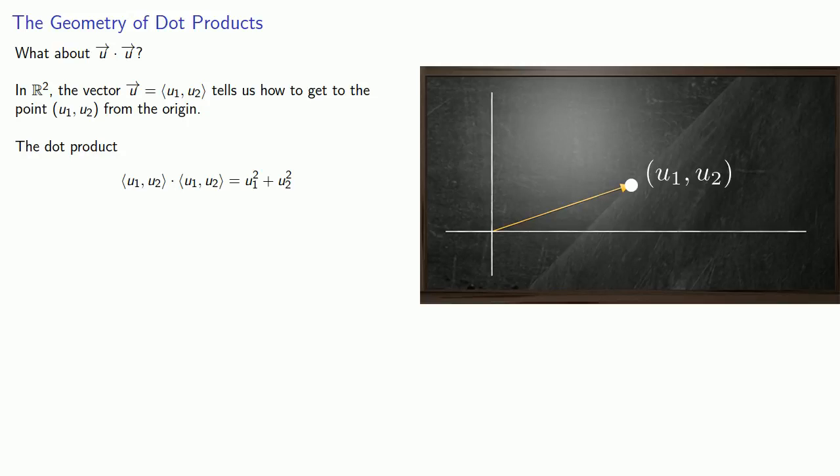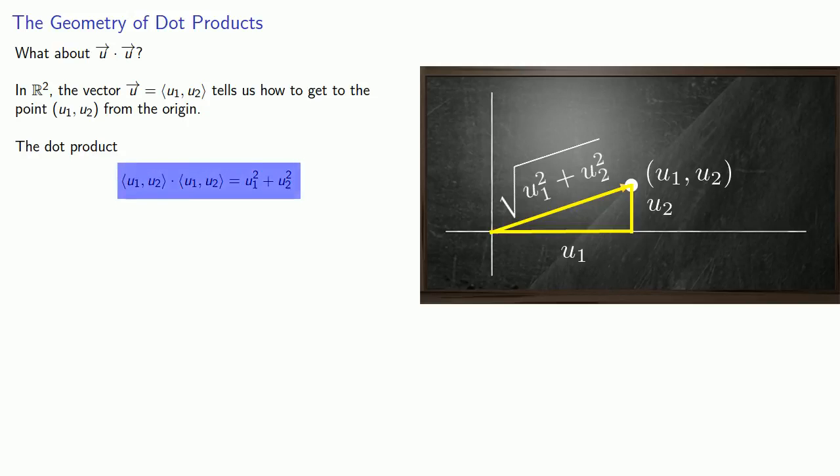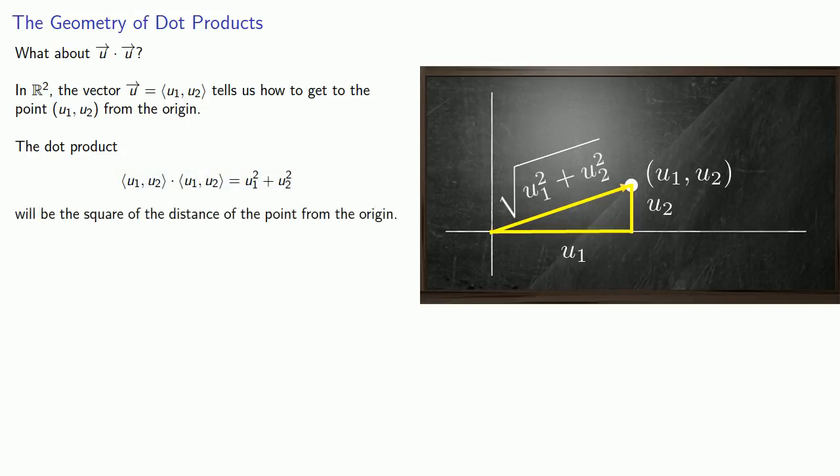If you remember, u1 and u2 as coordinates give us the horizontal and vertical distance to the point from the origin. From this, we see that the distance of the point from the origin can be found using the Pythagorean theorem, and that gives us that distance as the square root of u1 squared plus u2 squared. And that looks a lot like the expression for the dot product of u with itself. In fact, this dot product is going to be the square of the distance of the point from the origin.